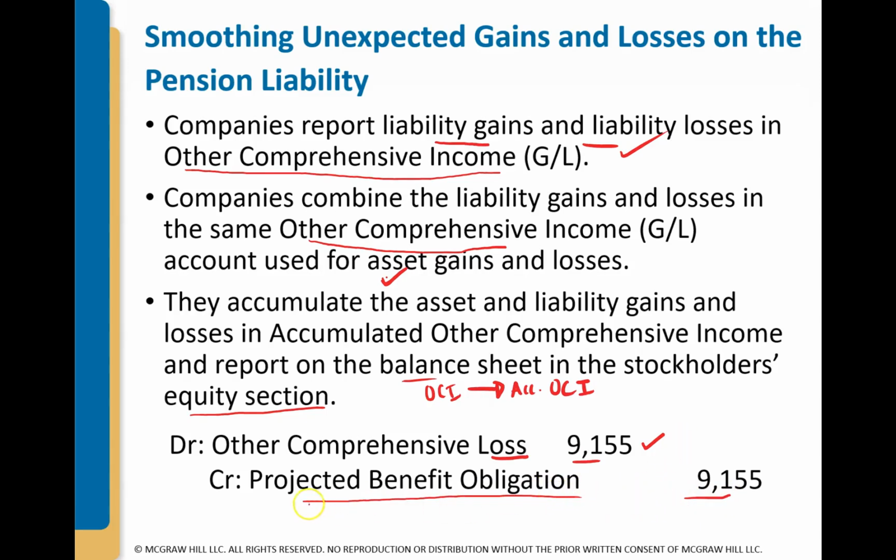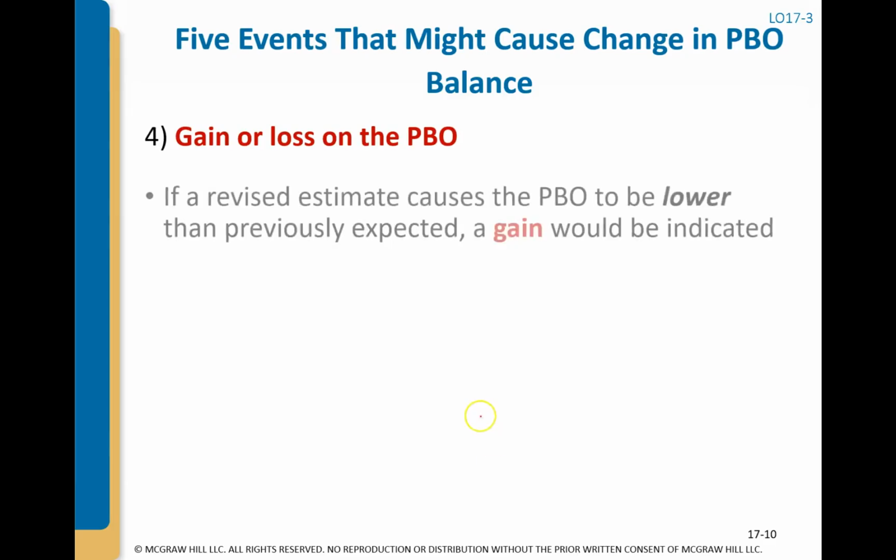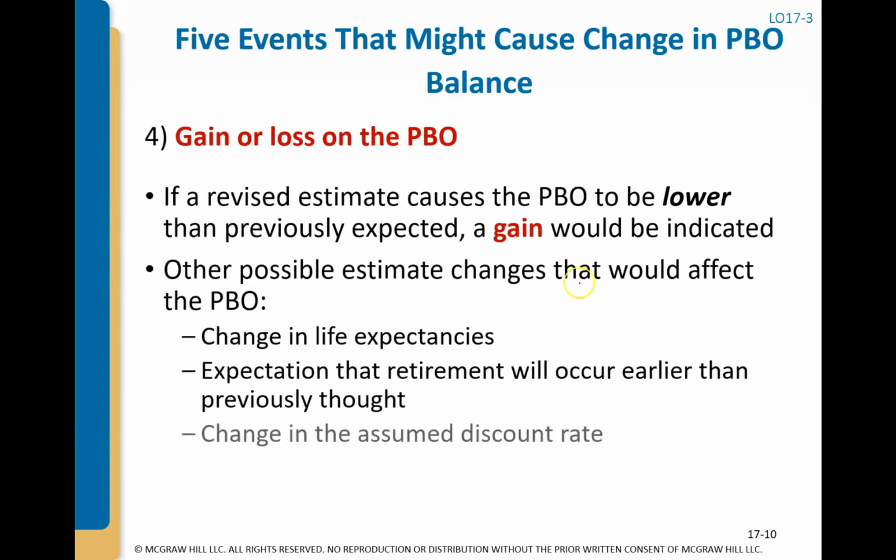That's why when there's an increase to the PBO as a result of a change in some sort of estimate, it's considered to be a loss. And similarly, when there's a decrease, if the PBO is going to be lower than previously expected, we would have a gain because we would be debiting the PBO and crediting other comprehensive income.